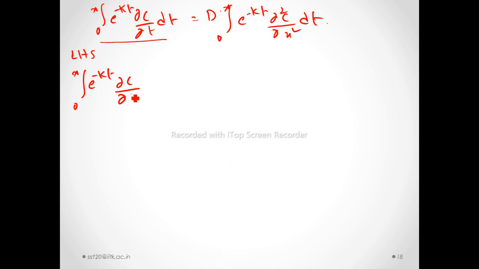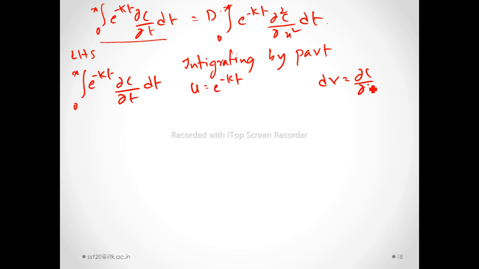By integrating by parts, we take u equal to e to the power of kt, and dv equal to dou c by dou t into dt.